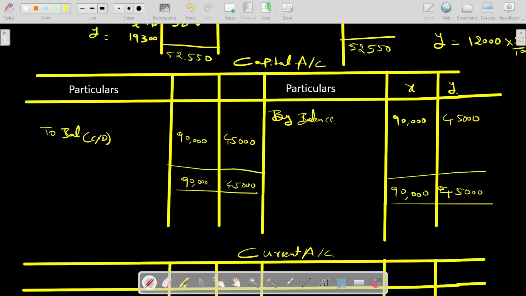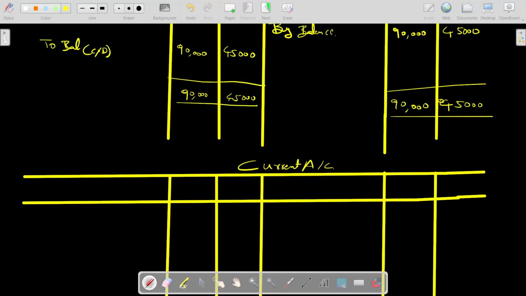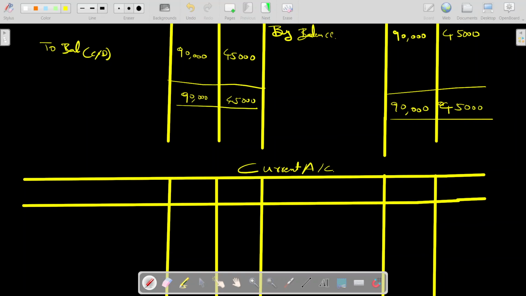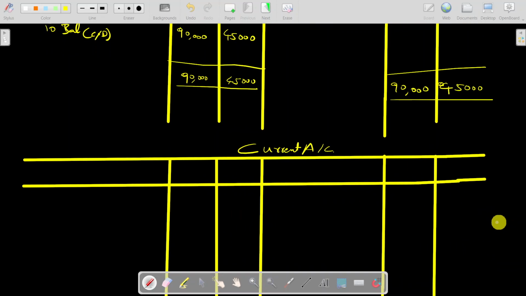Next, we have to make the current accounts, and here we don't take any capital items. We will take all the remaining items related to the partners here.